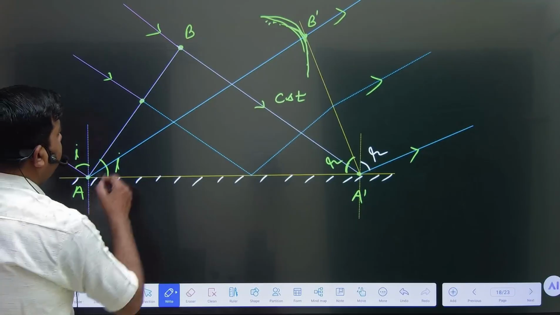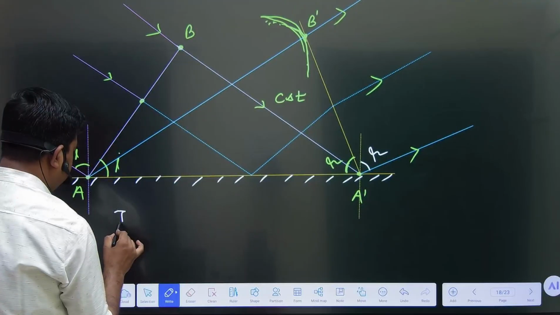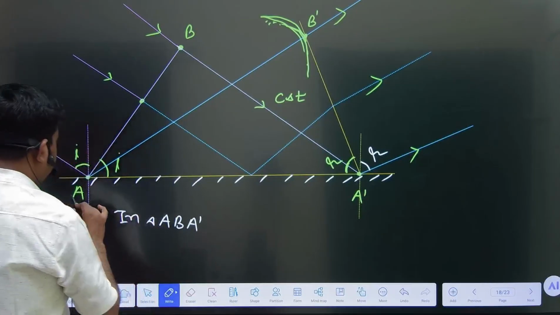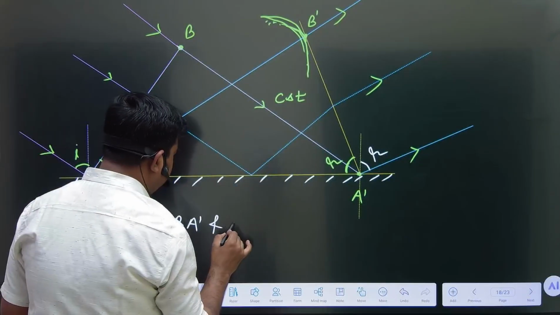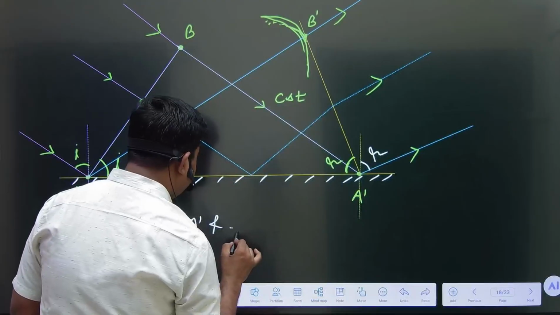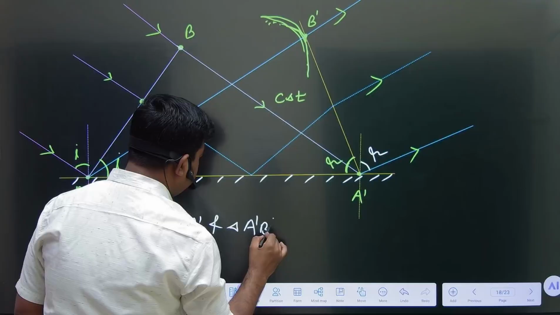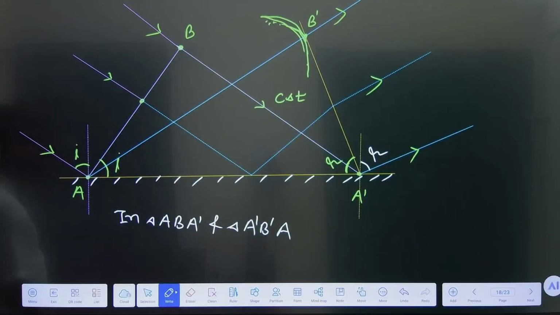So we take the triangle A dash B A and triangle A dash B dash A. Clear to you?